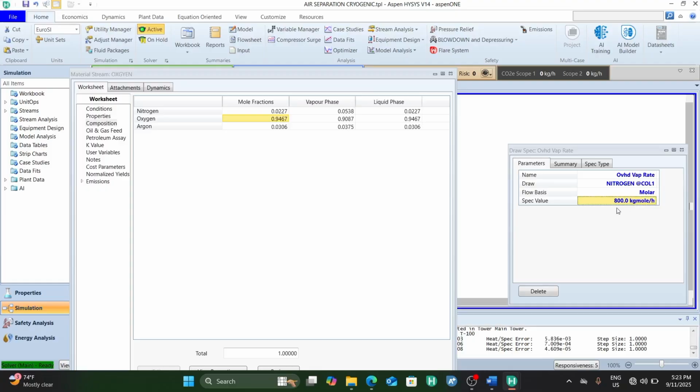800. Let's see, 750. All right. So we're currently having 0.8033 multiplied by 250, which is 200. That's very good.